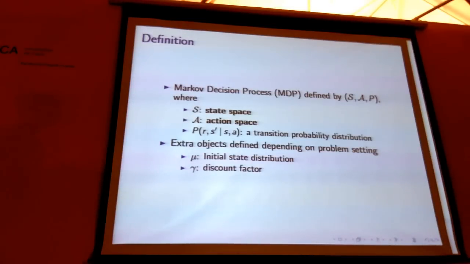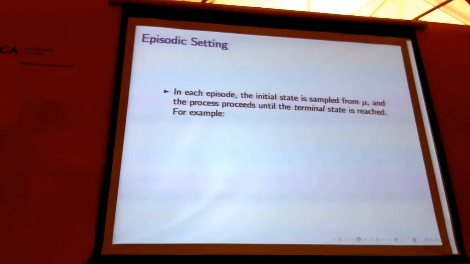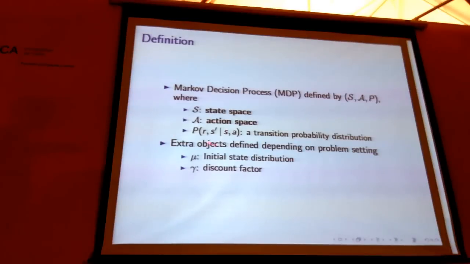Some people call the reward a function of the state, some people call it a function of state and action. These things are all actually equivalent, because given an MDP that's defined in one way, you can always construct an MDP that satisfies the other definition that's equivalent. But in this case, I'm allowing for the possibility that the reward is random and depends on the action.